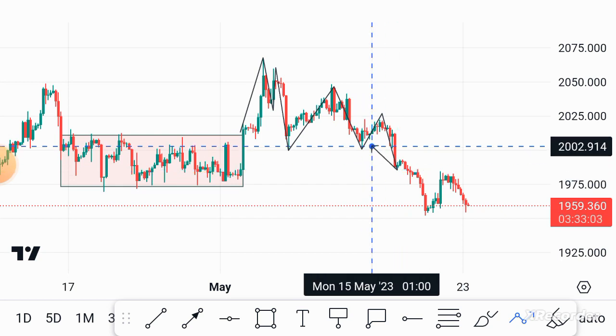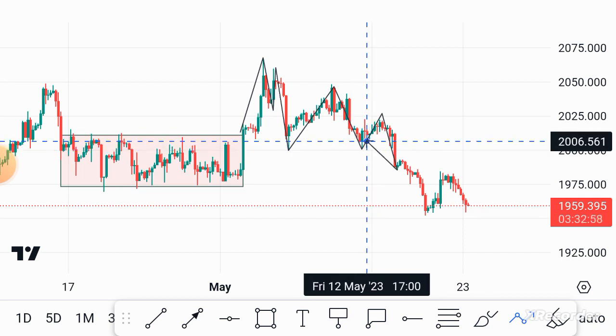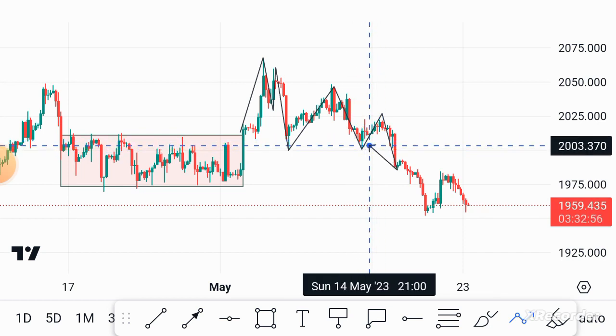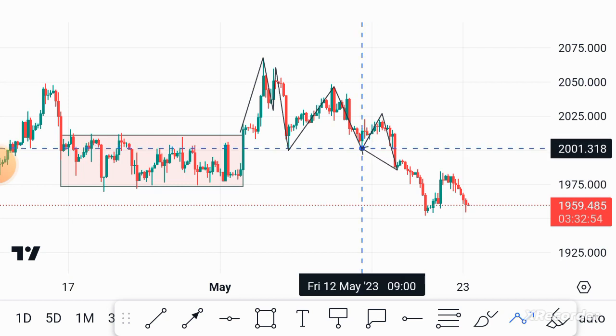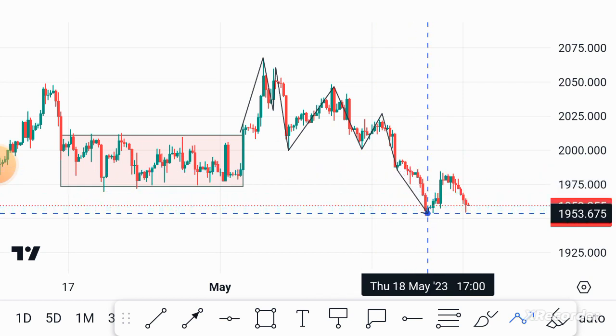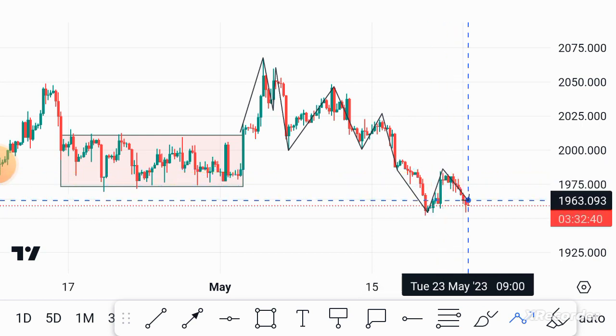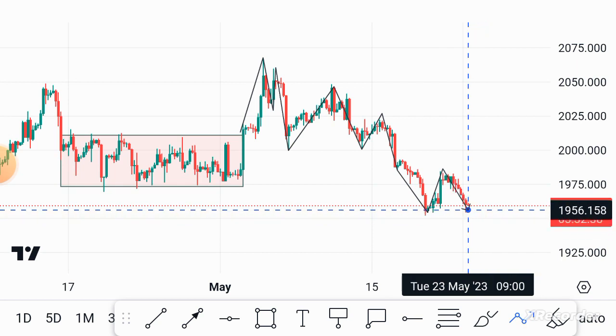Can you see it? The lower low broke the previous low, which is where the previous low was, and price broke it and gave us this point here. Let me draw it down to this point here, and then it gave us this lower high, and price closed here.